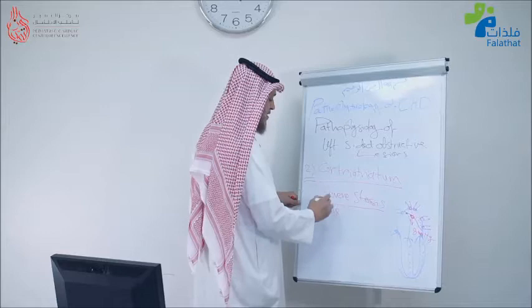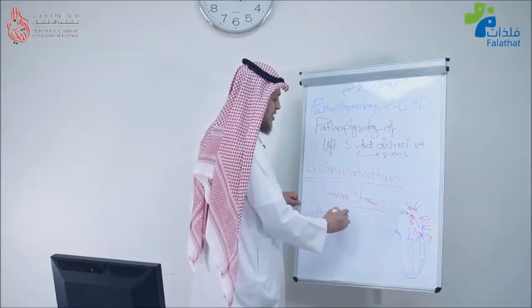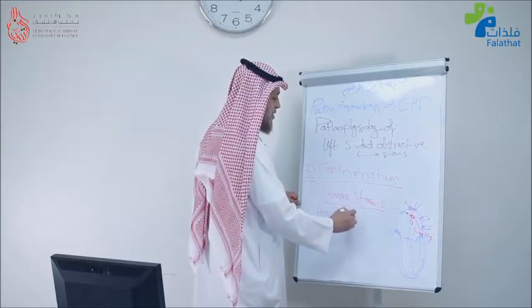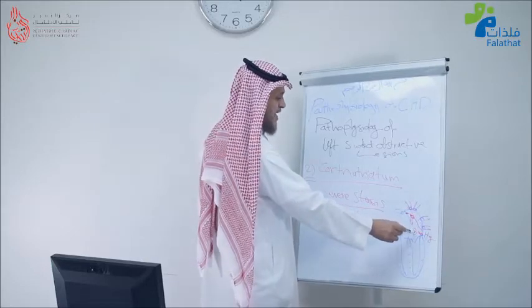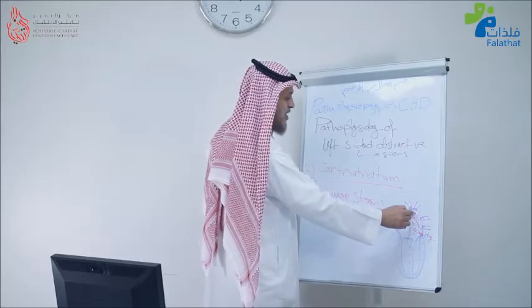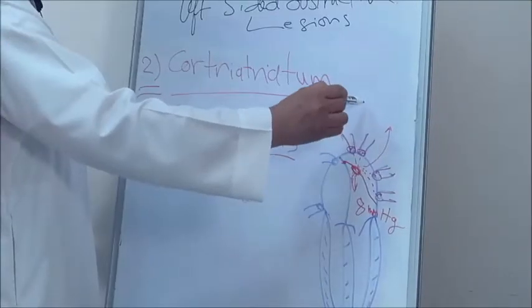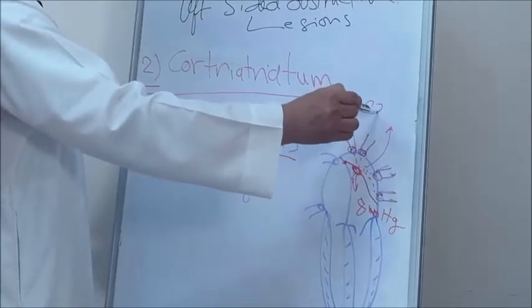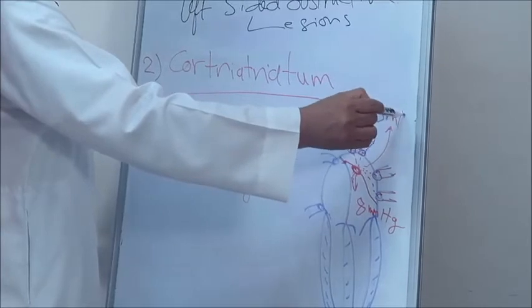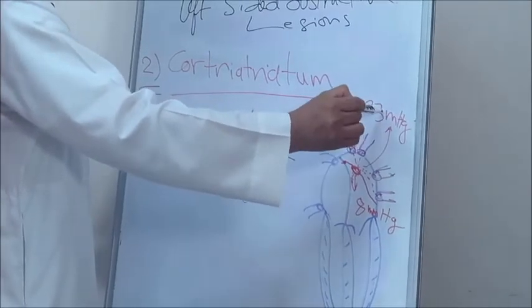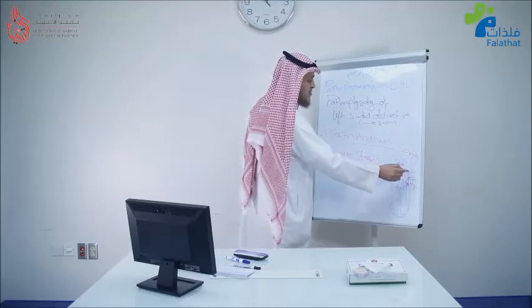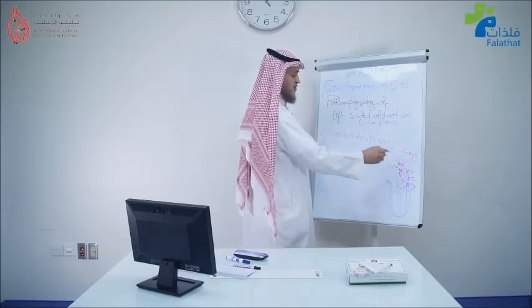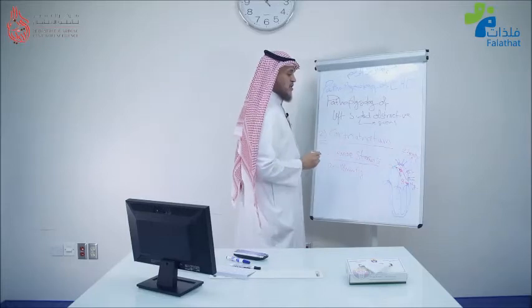We can take the middle, around 15 millimeter mercury. So 15 plus 8, then the pressure here will be 23 millimeter mercury. And similarly, all 4 veins will have the same pressure.